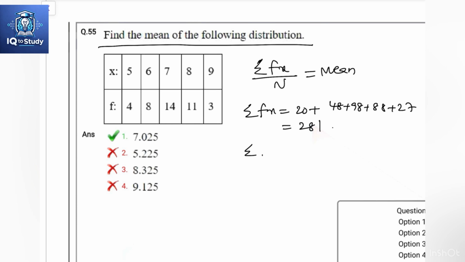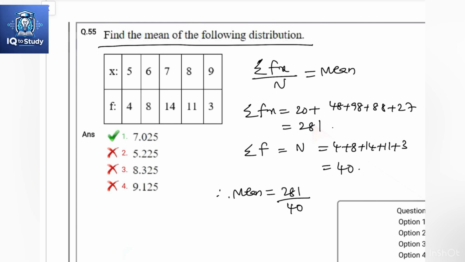Similarly, sigma f is equal to n, which is equal to 4 plus 8 plus 14 plus 11 plus 3, which is equal to 40. So, mean is equal to 281 divided by 40, which is equal to 7.025. So, option 1 is correct.